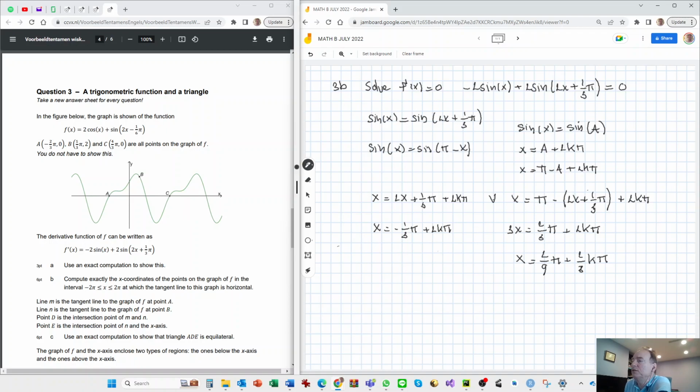Okay, so k is 0 will give my solution minus 1/3 pi, and k is 1 will give minus 1/3 plus 2, so minus 1/3 plus 6 over 3.